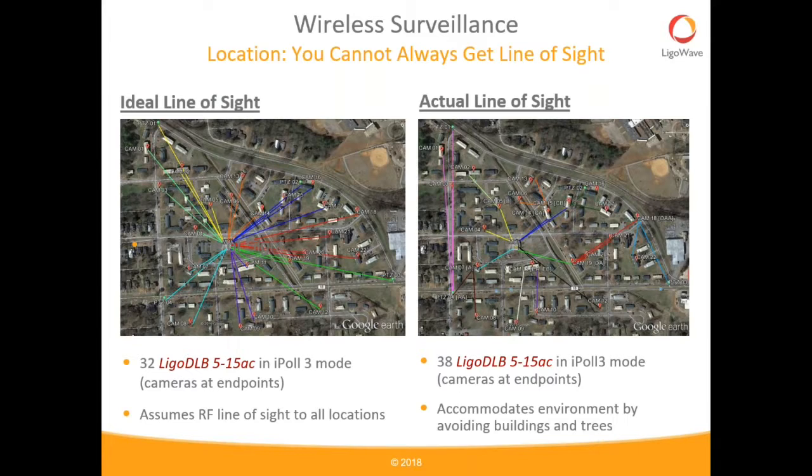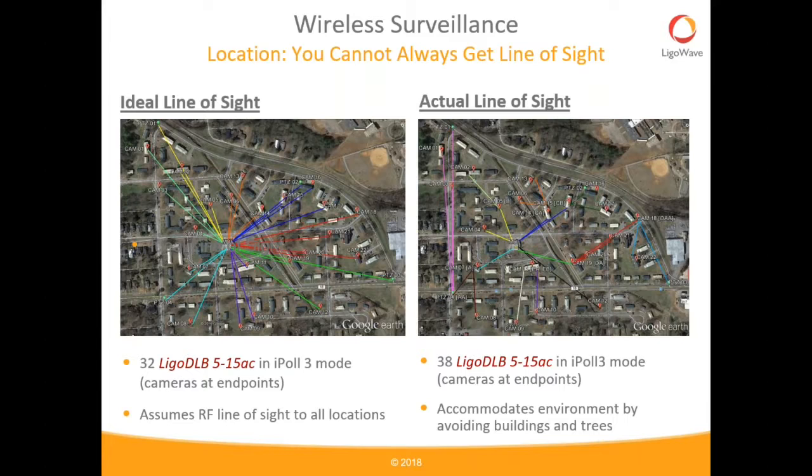Fortunately, this didn't add too many additional access points. Here we only wound up adding another 6 access points, which is roughly 20%. But you can see the design is much more complicated, and in many areas I've got much longer links, and I have to do upwards of 3 hops to a location.